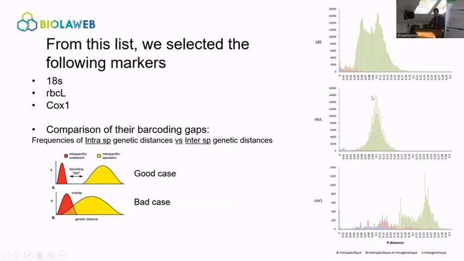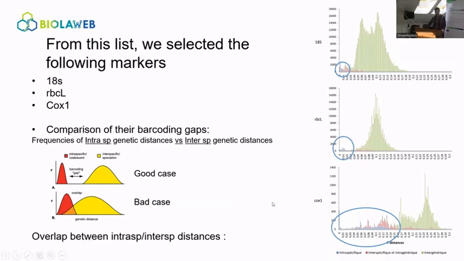And when you are in green, it's between sequences that belong to different genera, so higher distances. Just to make you understand that between these intraspecific distances and these interspecific distances, you have an overlap in any case. Which means there is no marker with a perfect barcoding gap. So for this criterion, it's not working for any marker.